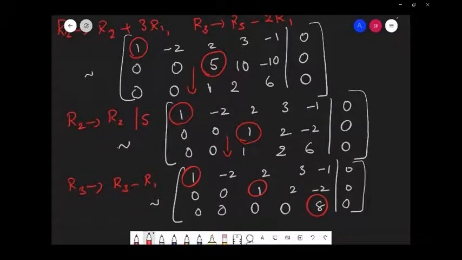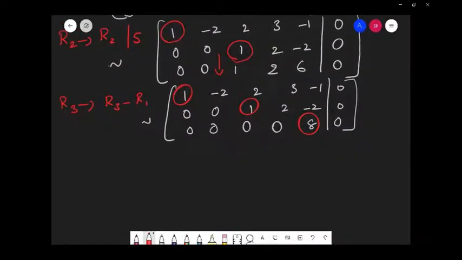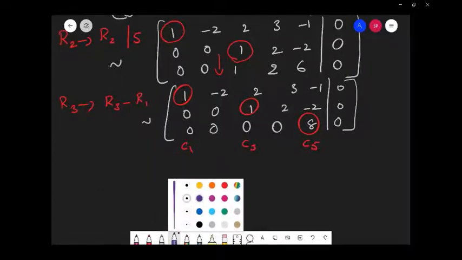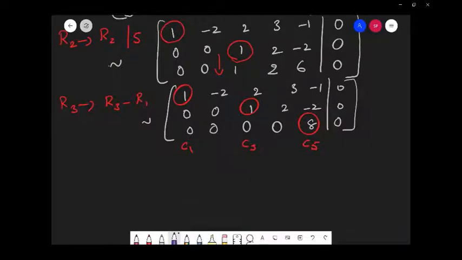So there are 3 pivot positions, and which are the pivot columns now? C1, C3 and C5 are pivot columns, and C2 and C4 are non-pivot columns.